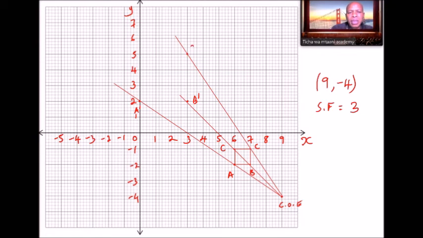So that will be the position of C prime, and you repeat the same with the point D. It will pass there. I think here this is supposed to be D, so our D prime will be there. So you join the 4 points, and you come up with a square that has been enlarged.